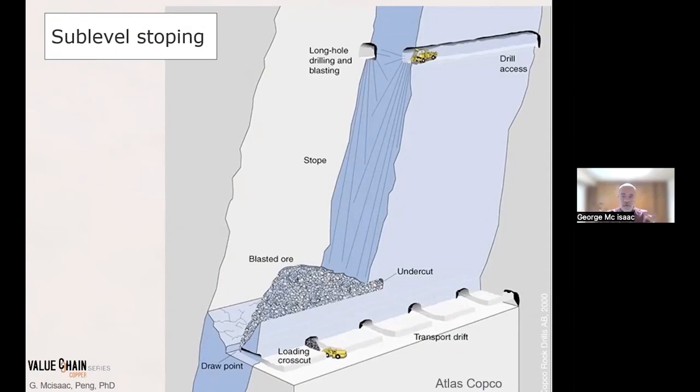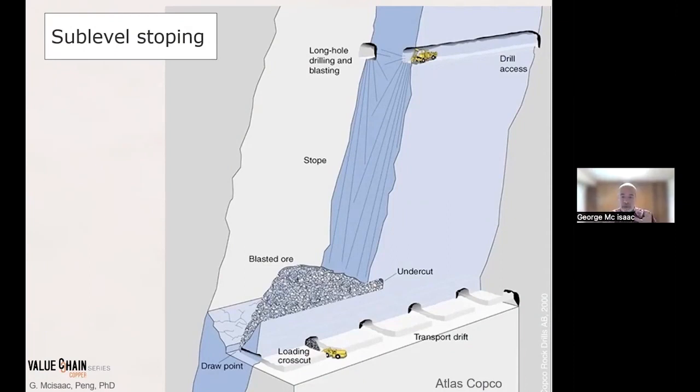From these sub-levels, we drill long holes that we fill with explosives, and we blast these rings sideways into the void in the area called the stope. The blasted ore falls by gravity to the bottom of the stope, where we pick up the ore with our shovels and trucks and ship it to surface, to the mill.